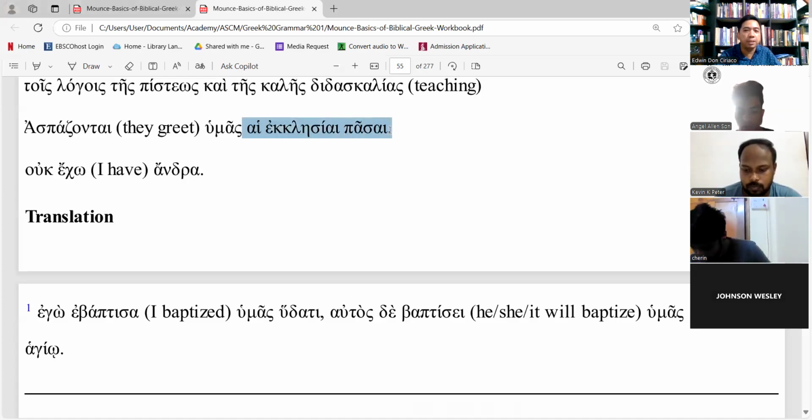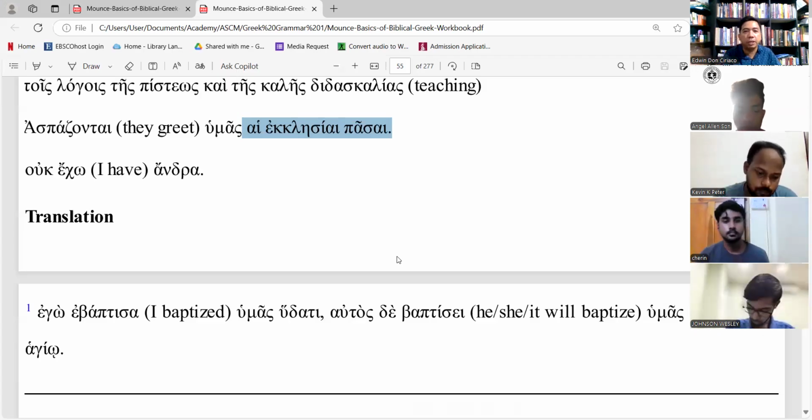Hai ekklesiai pasai. Class? It is, remember, pasan. It could mean each or every or all. So here, all the churches. So this is the doer of the action. This is the one conducting the greeting, okay?